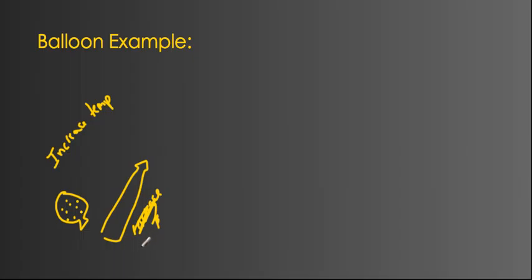So, let's think about what's happening here. Okay, so as I increase temperature, these particles are going to start moving faster and faster and faster. Okay, I've already said that according to this law, my pressure is going to remain constant. So, if I want the pressure to remain constant, even though the particles are going to be moving faster, the only way for that to occur is if my volume increases.